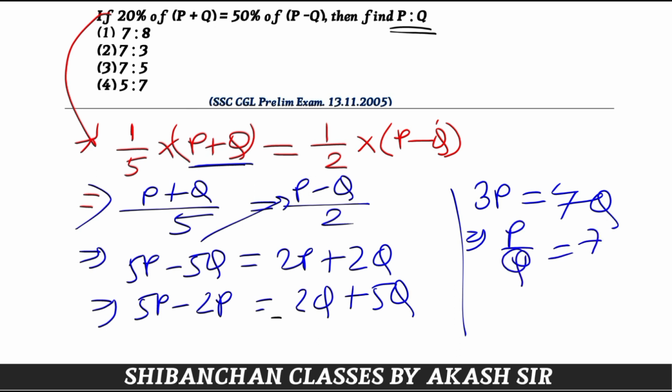We can write P by Q equals 7 by 3. Then the correct option will be P is to Q equals 7 is to 3. Option B is our correct answer.